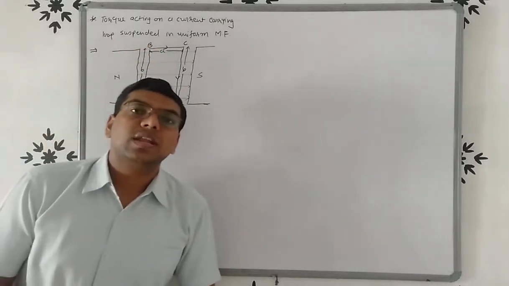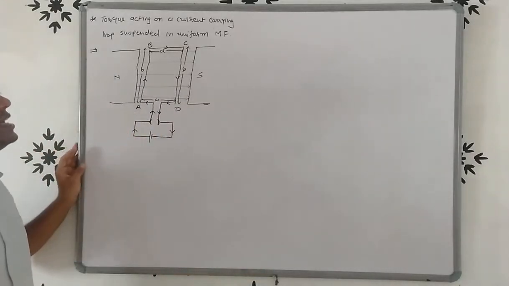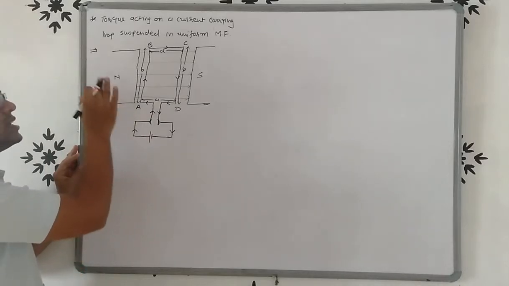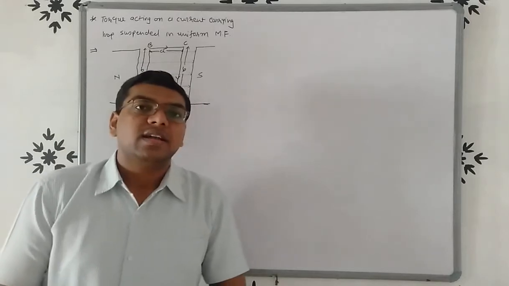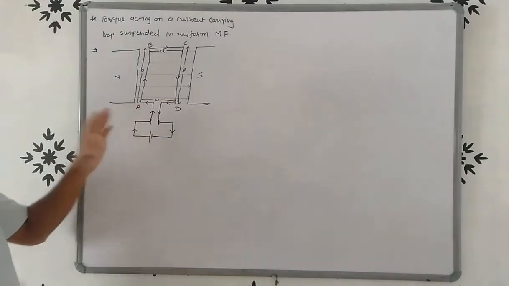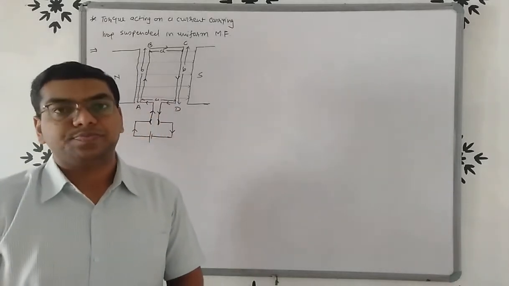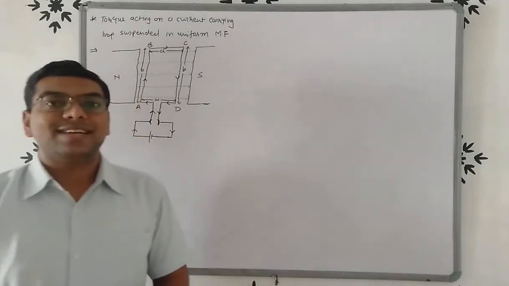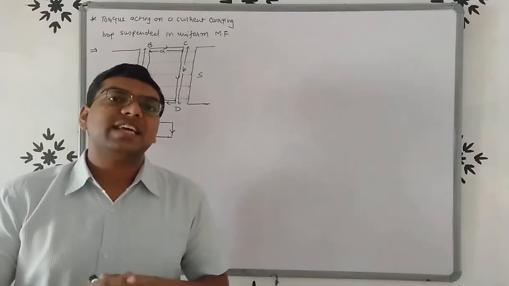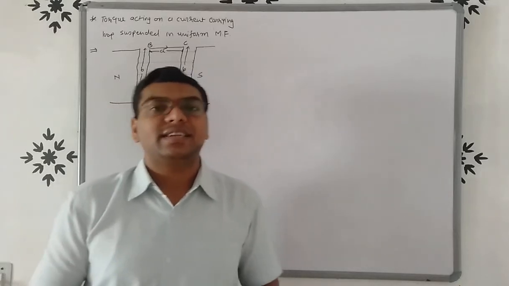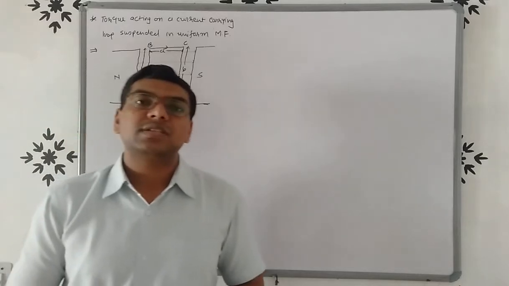As shown in the figure, a current carrying loop ABCD is suspended in a uniform magnetic field. Friends, if a current carrying loop, or any current carrying conductor, is placed in a magnetic field, then there will be a force. How much?